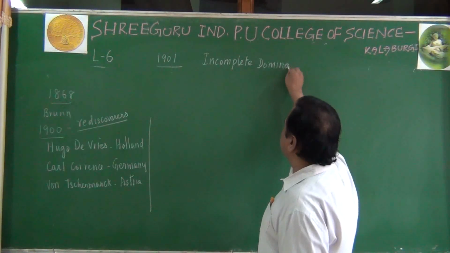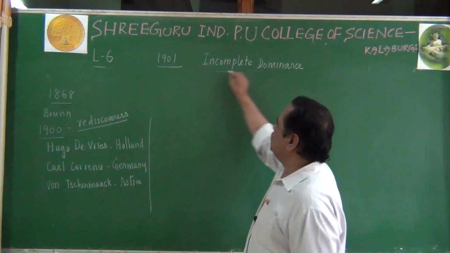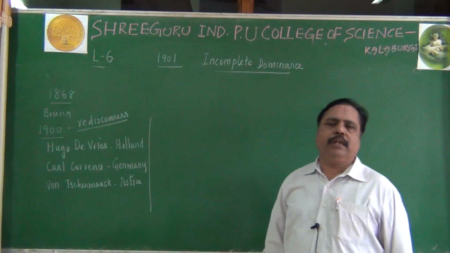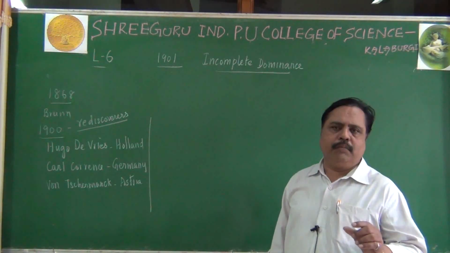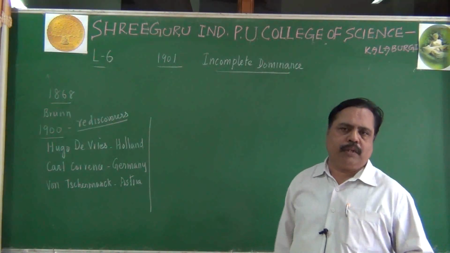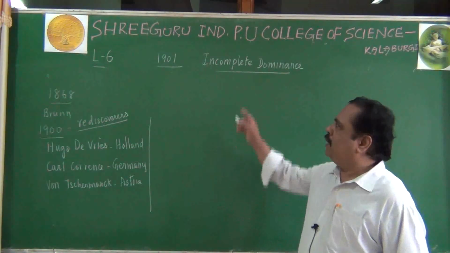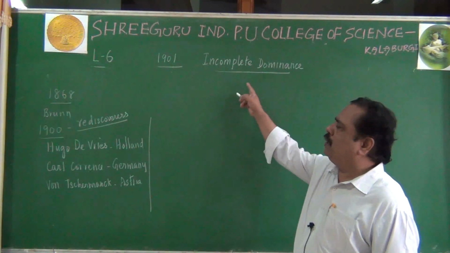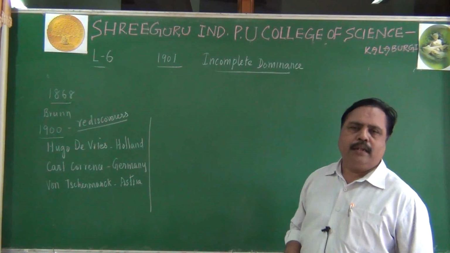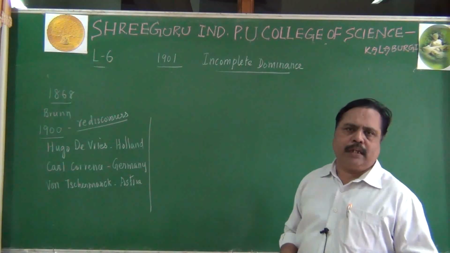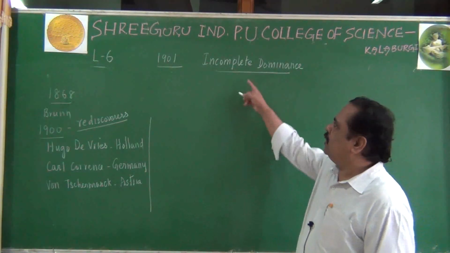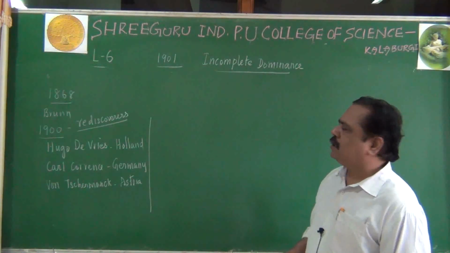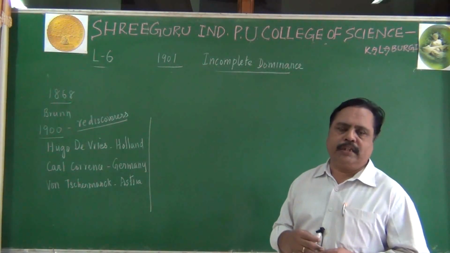Mendel introduced the concept of dominance. But every plant and animal need not follow the concept of dominance. There may be some plants which will not obey dominance. They may inherit in a different pattern, another pattern. That second pattern you have to recall here is incomplete dominance.